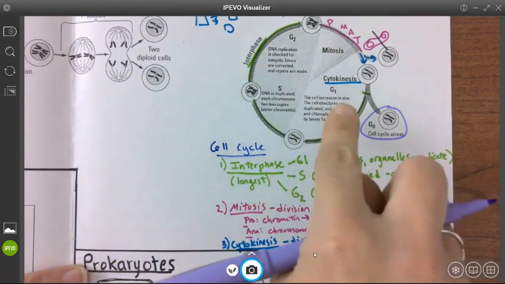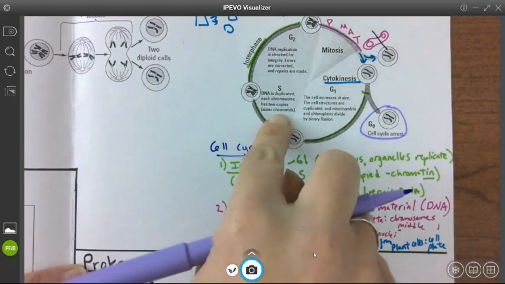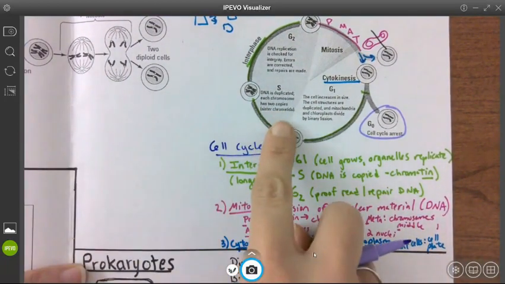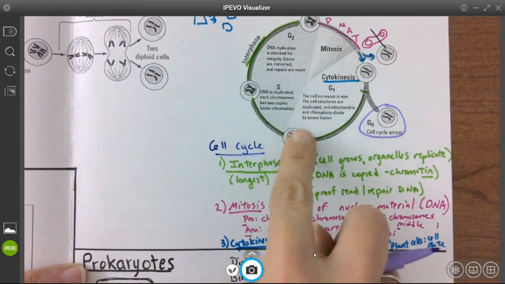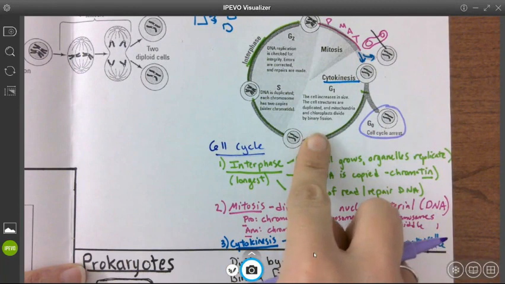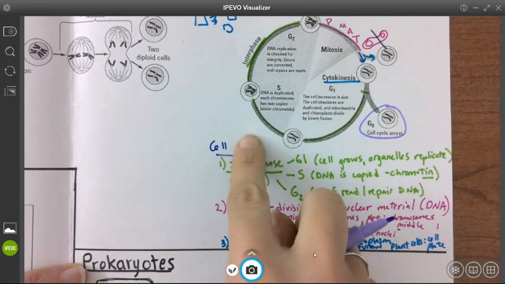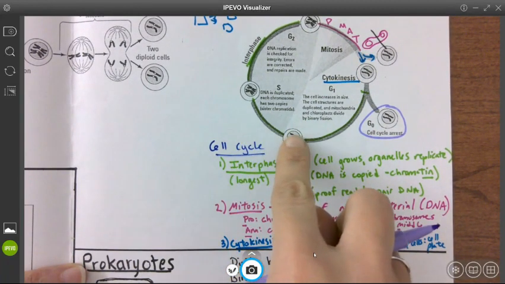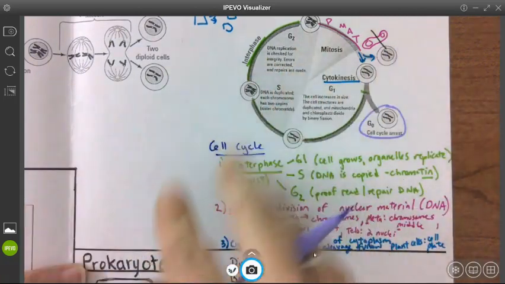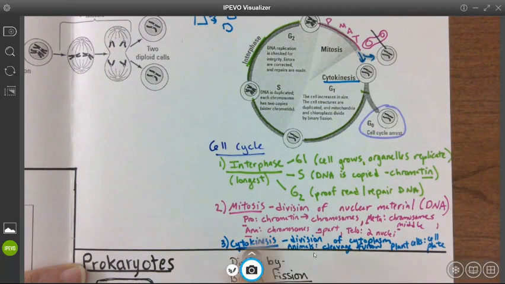When the cell starts to divide, this whole process is fairly continuous for mitosis. We'll talk about meiosis later. But a cell can either be dividing or it can be doing its job. So an intestinal cell can either be dividing to make more intestinal cells, or it can be doing its job in the intestines, digesting food, absorbing nutrients, whatever it's doing, okay?